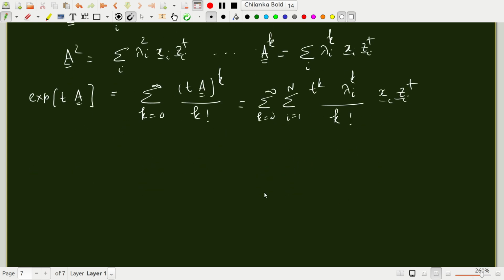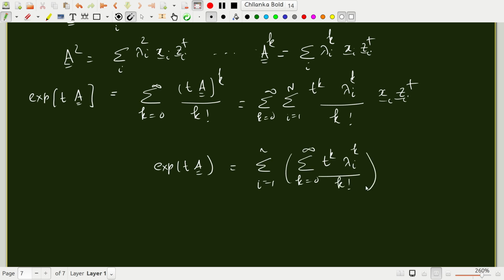If I interchange the two, then the exponential of tA is the sum over i equal to 1 to n, and k equal to 0 to infinity, of t to the k lambda_i to the k by k factorial, operating on x_i z_i dagger.